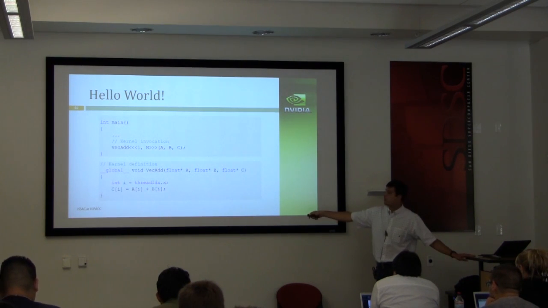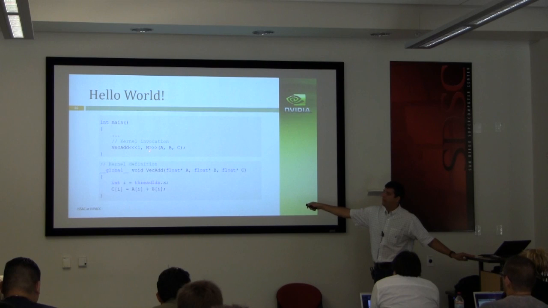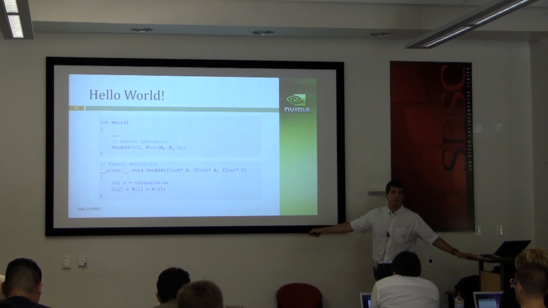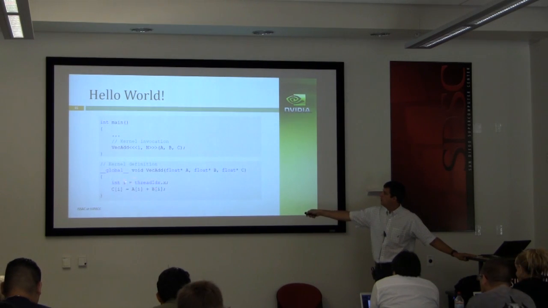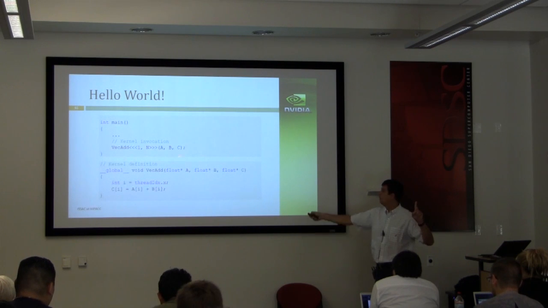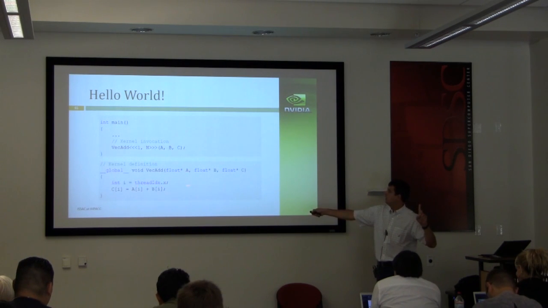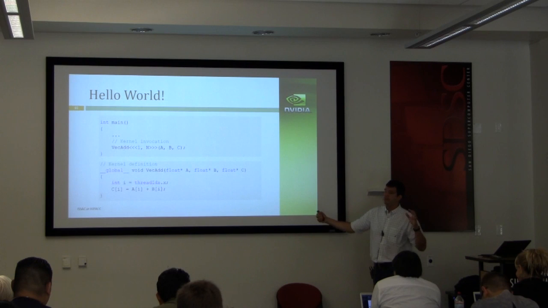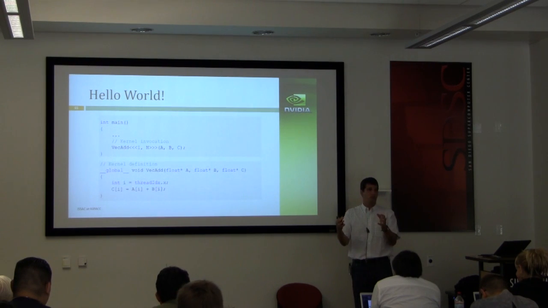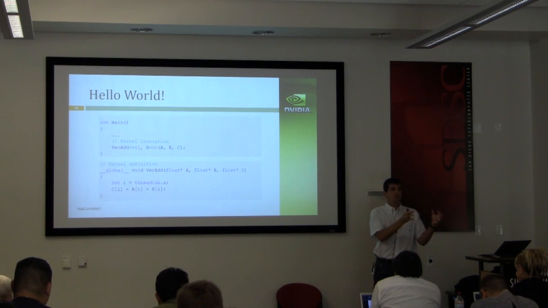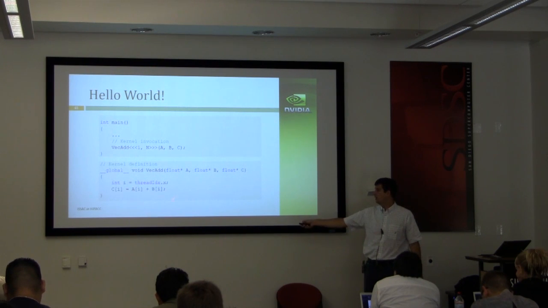In this case, you're running n threads in parallel. Every thread loads one element of the A vector, one element of the B vector, adds them together on the GPU, and then saves it into the element of C. So these lines will be running in parallel.